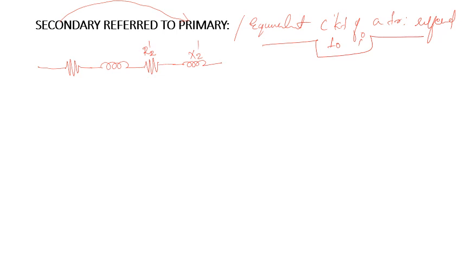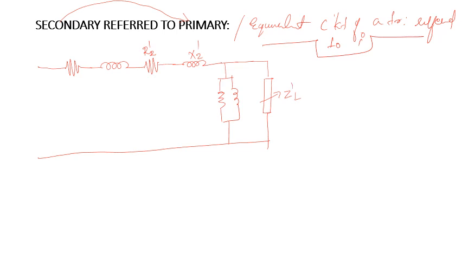Okay. And I0 will be here. And the load, we need to convert the secondary load impedance ZL to the primary side. Load impedance will be known as ZL dash when it is converted into the primary side.